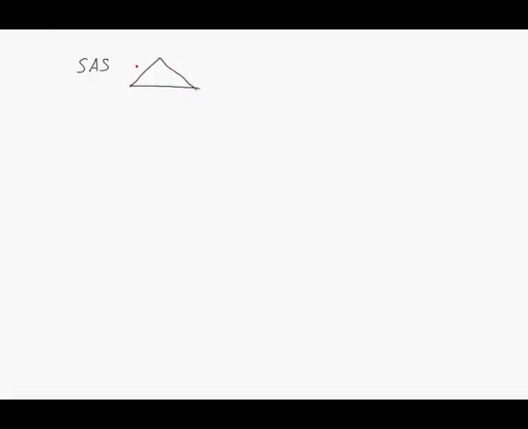See, we have this angle alpha, and then this is a, and we know the side C and the side B. Then in this case we can solve this triangle.